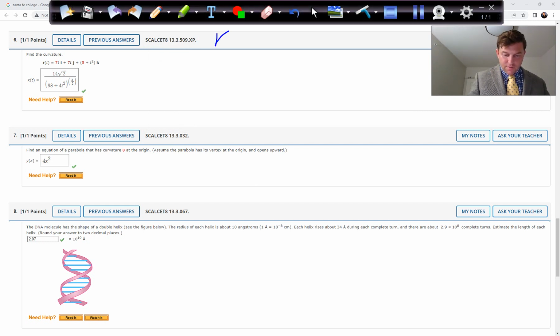I use the curvature is equal to, we just saw it in the last problem, the magnitude of the derivative of the tangent vector divided by the magnitude of the derivative of the radius vector.